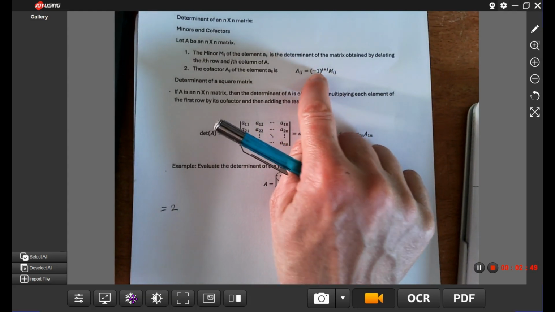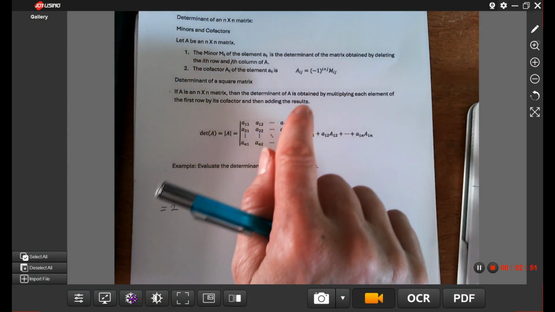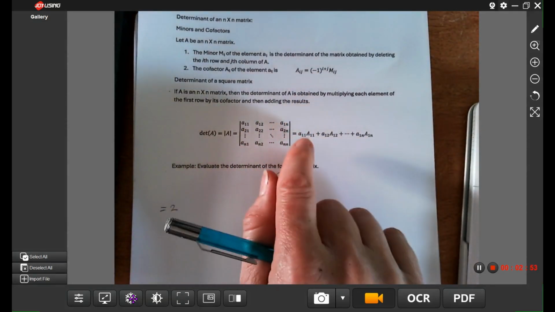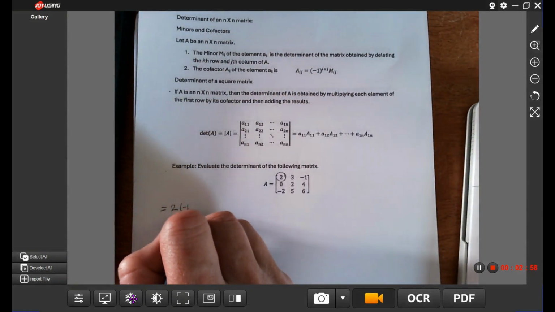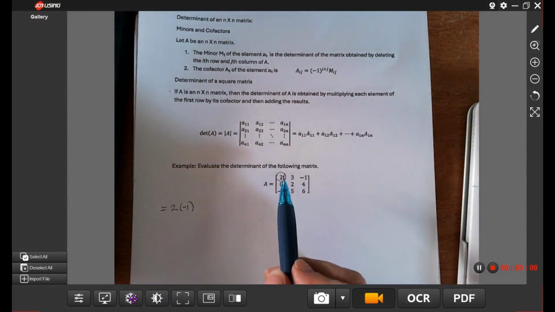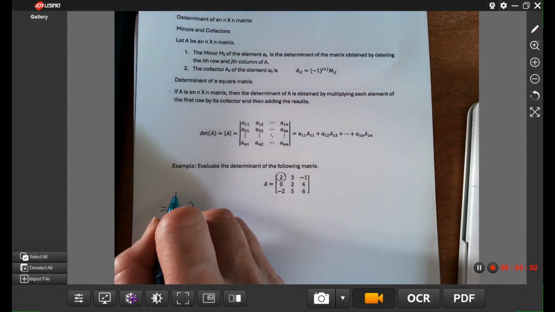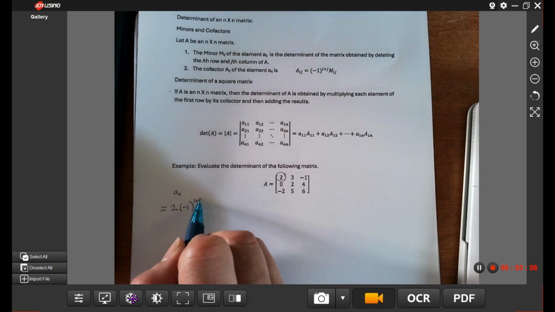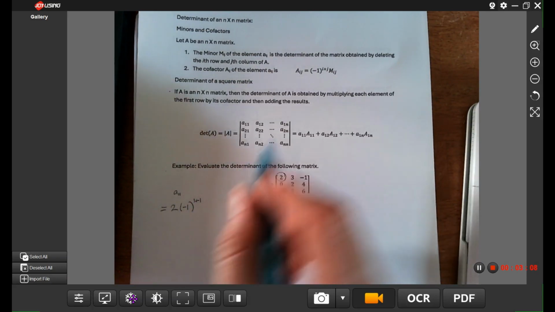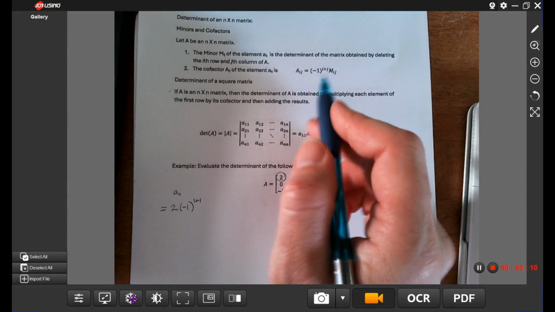So let's start with the sign. We have negative 1 raised to the power of, I'm working on A sub 1,1 here, so it's going to be 1 plus 1. And then I need this minor.